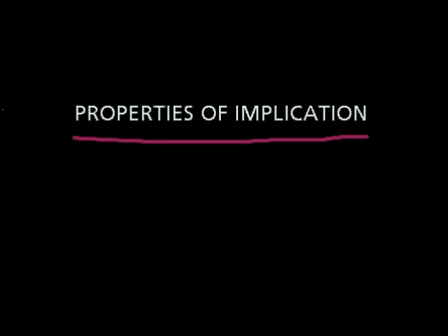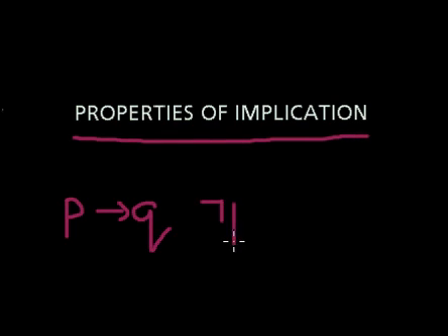Today we'll talk about properties of implications. An implication is nothing but this statement: P implies Q. It has two variables, P and Q, and not P is the negation of P, not Q is the negation of statement Q. Using these we'll construct some more implications similar to P implies Q, and these are known as the properties of implications.